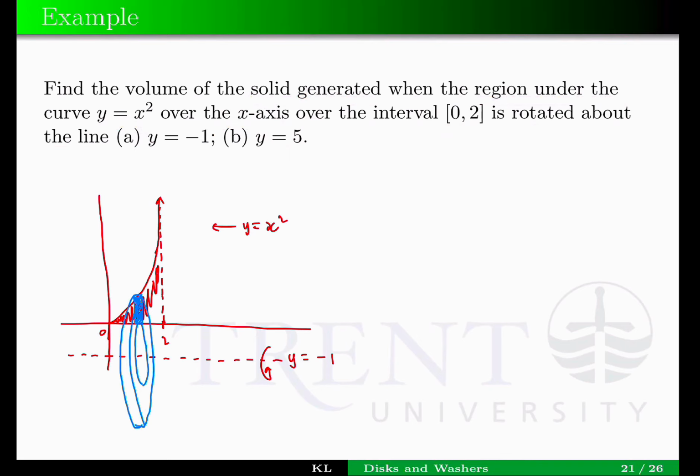It's a washer. So even if you are considering the region under the curve over the x-axis, if your axis of revolution is not the x-axis, then you will still create a hole for your washer.